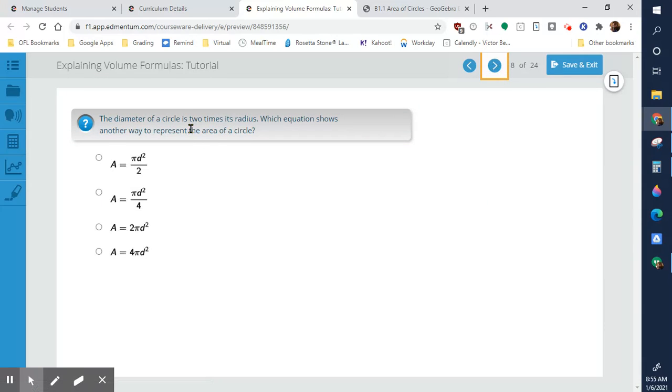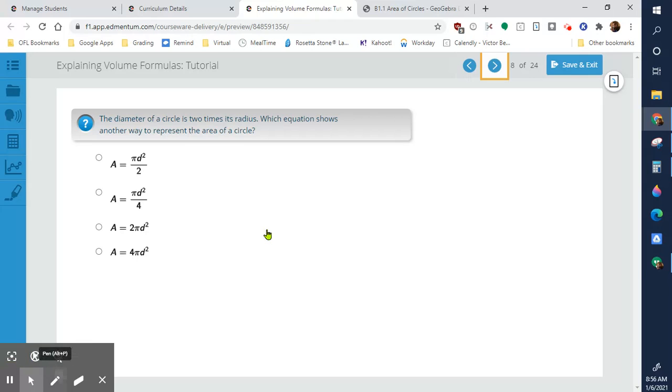All right, so the diameter of a circle is 2 times the radius. Which equation shows another way to represent the area of a circle? Okay, so if you're doing pi r squared, let me do it this way.